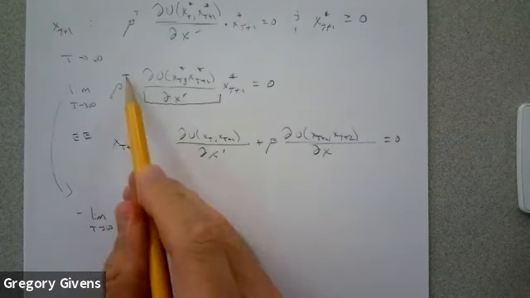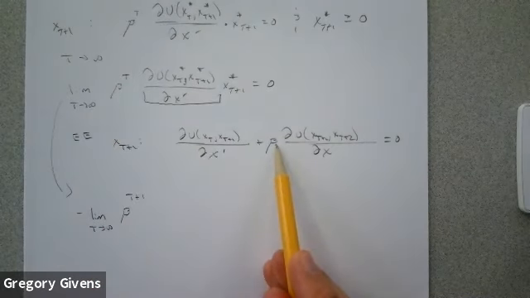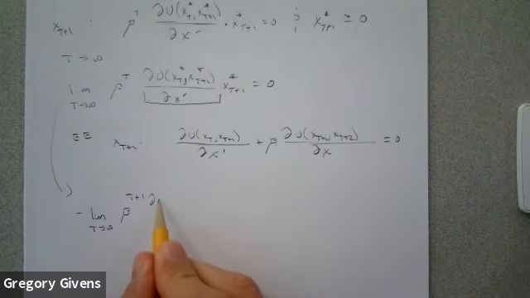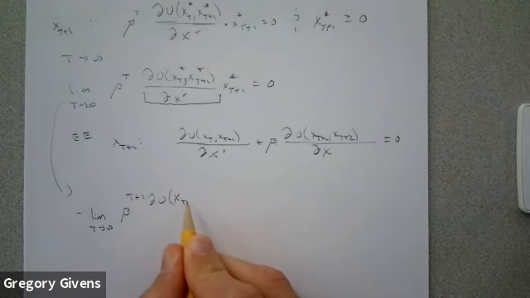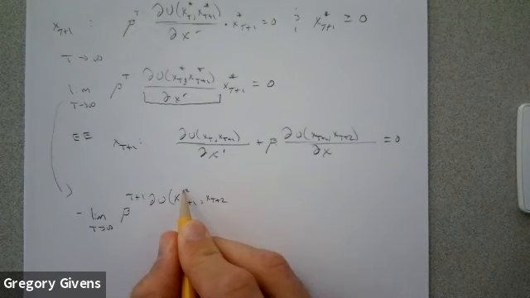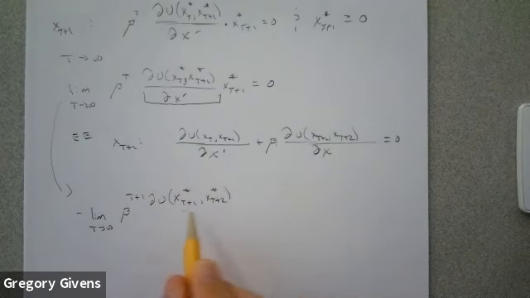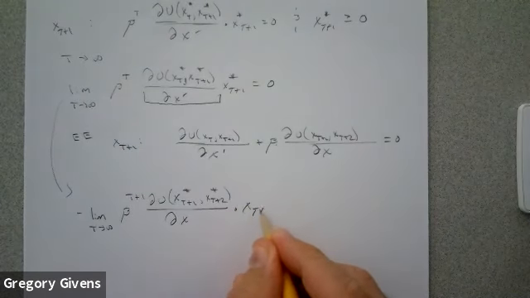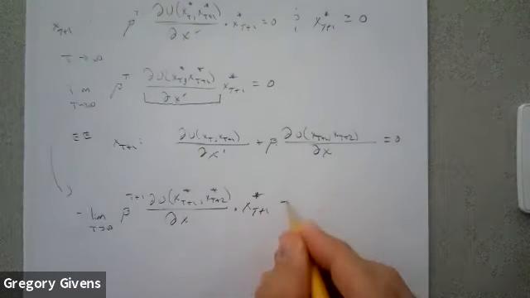So it's beta to the cap T times a beta, times the partial of u evaluated at x_{T+1}, x_{T+2} with respect to the first argument, times x_{T+1} star, is equal to 0.